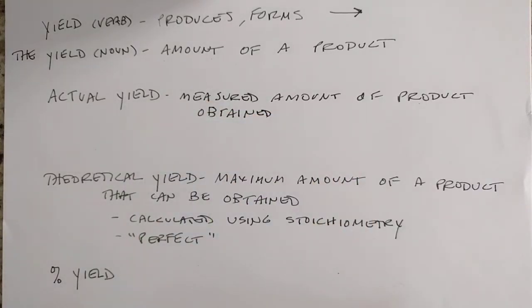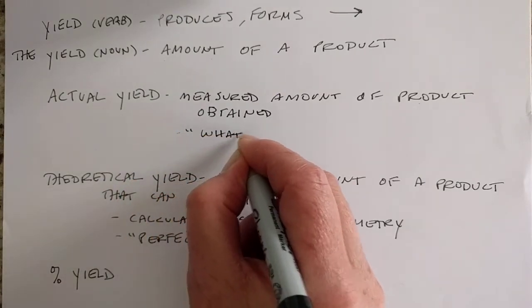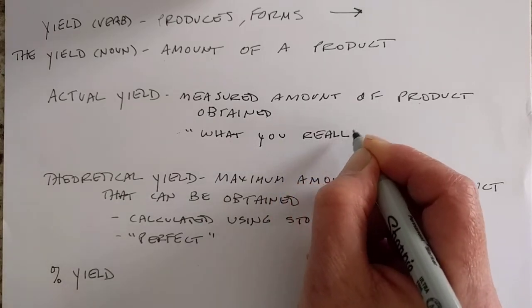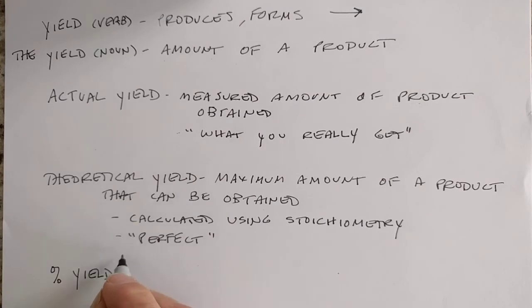So in that combustion of wax lab, if we had actually been able to trap the carbon dioxide gas and then measure it, that would be the actual yield. So the actual yield, this is what you really get from the reaction.